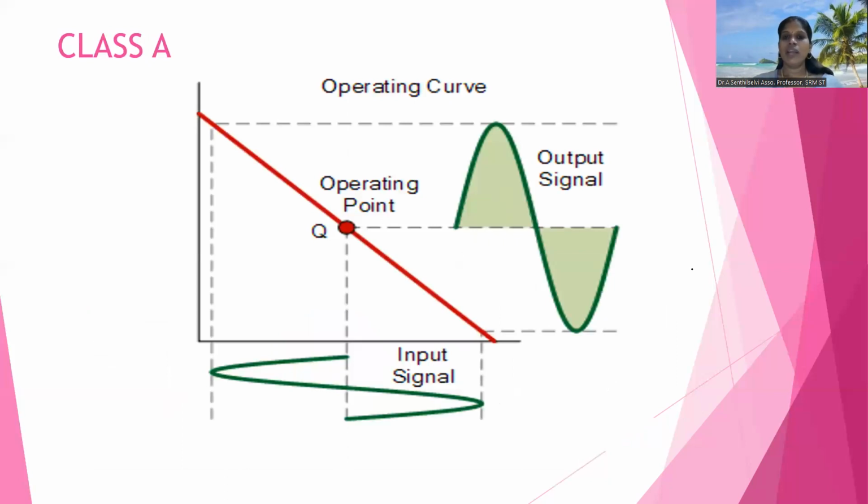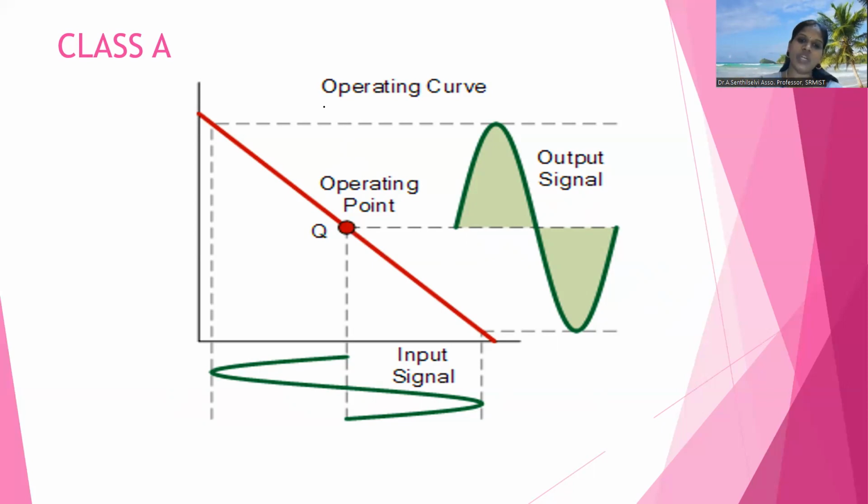We already said that depending upon the selection of the Q point only, we are classifying the amplifiers into 4 categories. For the class A amplifier, we take the Q point in the middle of the active region, in the middle of the DC load line. That transistor acts as a class A amplifier. See that we are giving the input signal.